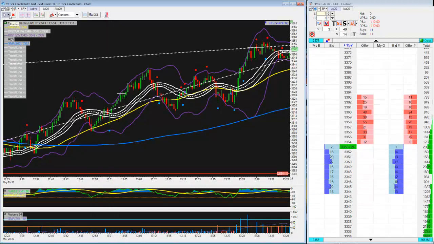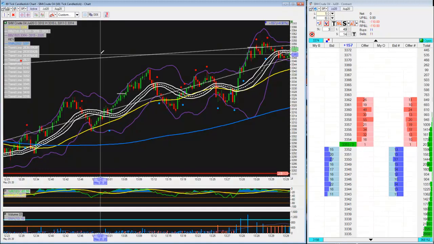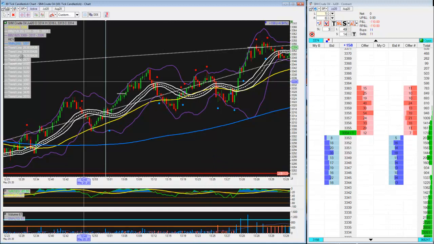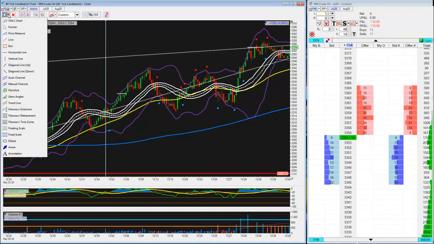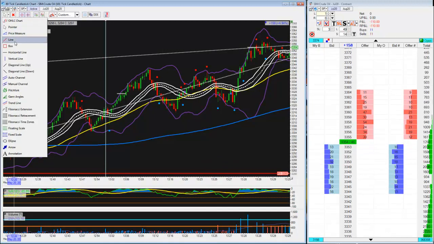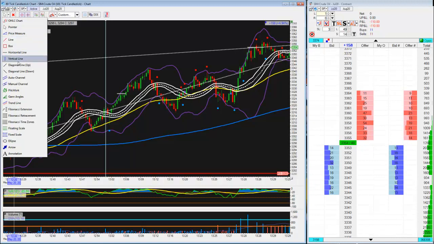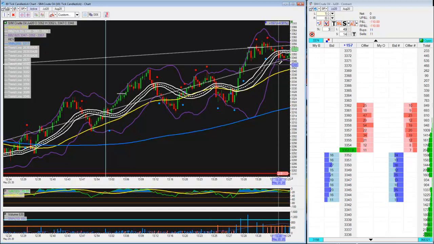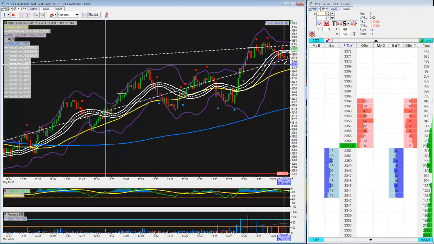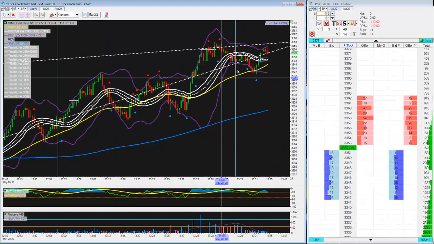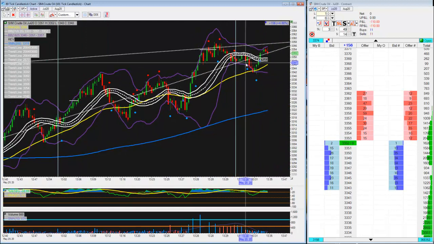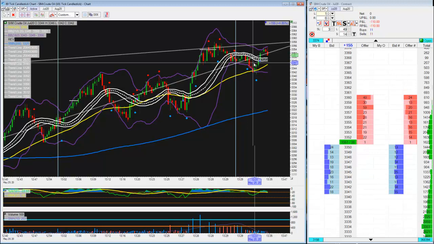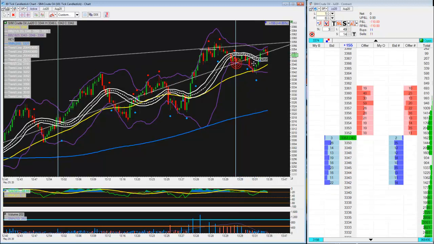So if we mark it, there's a 1. Move that over a little bit. Roughly right.